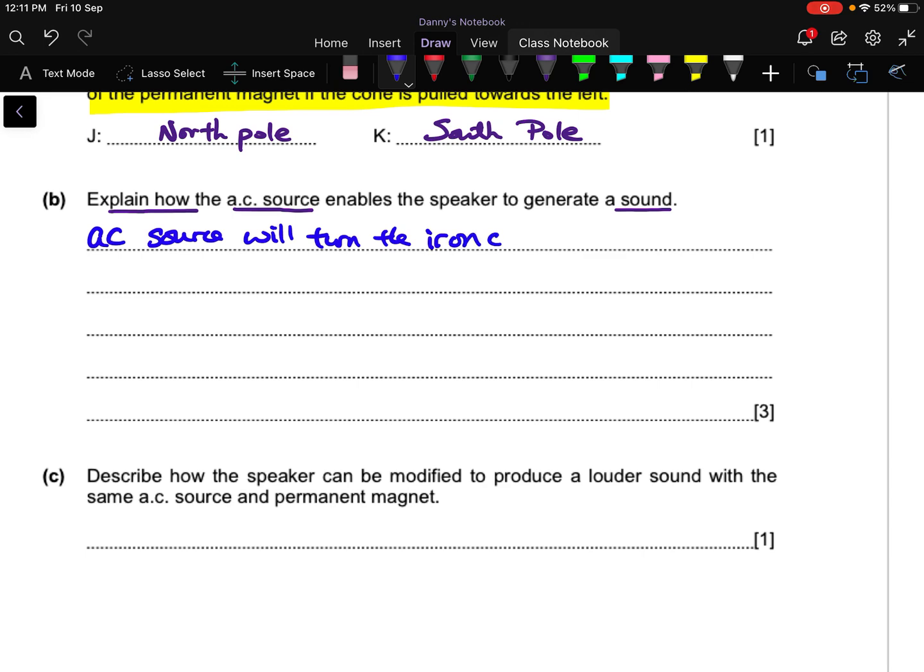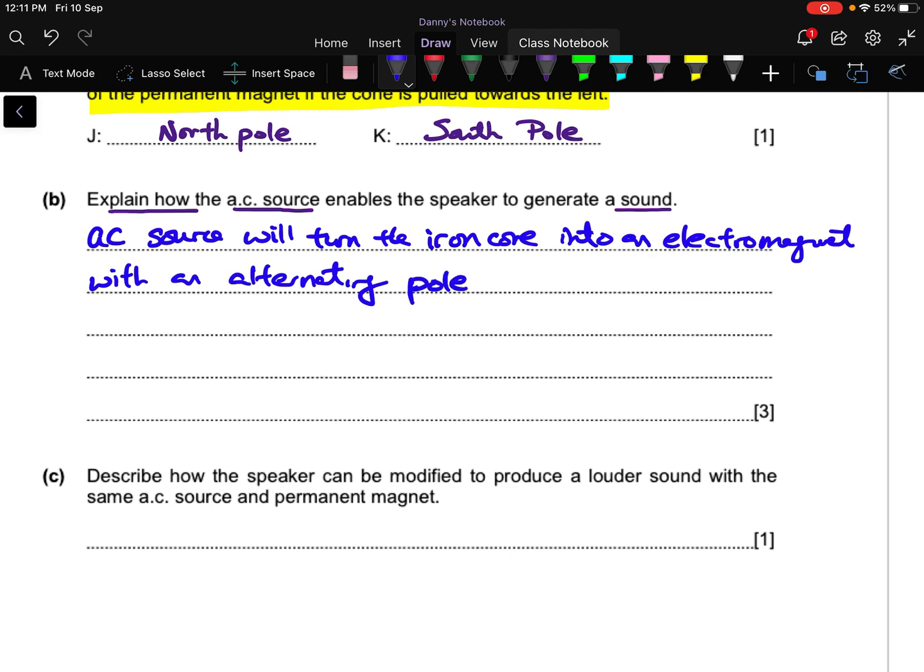So you have to tell me that the AC source will turn the iron core into an electromagnet, or you can say it will induce magnetism there with an alternating pole. Then you have to illustrate how this alternating pole will affect the rest of the speaker.